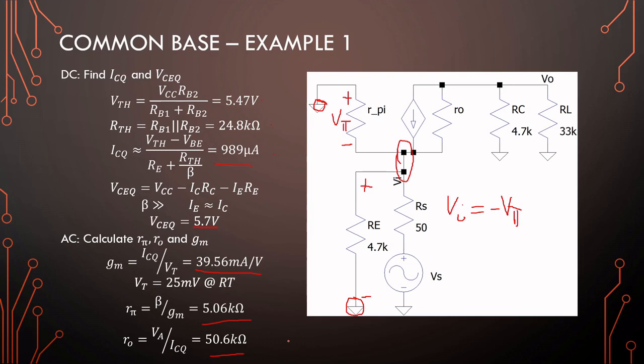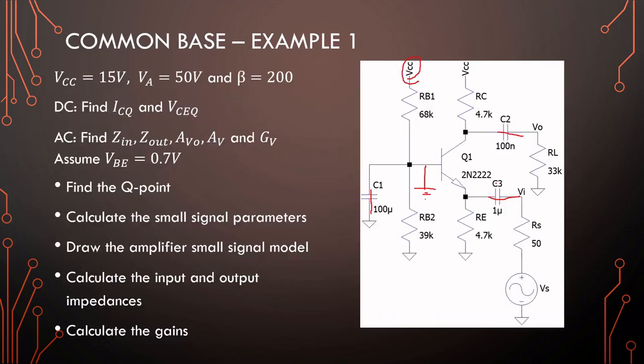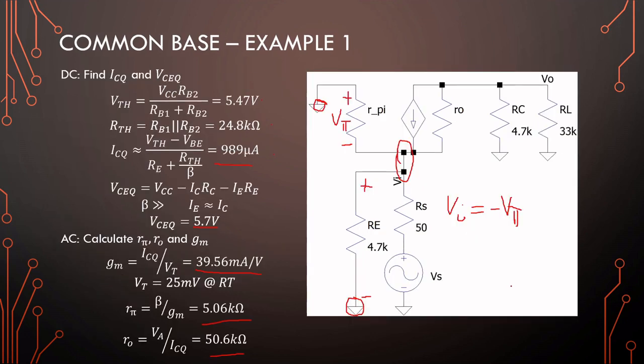We're using it as a common base, so we did amplifier identification. Input on the emitter, output on the collector, and the base is common between the two. So this is a common base by the definitions laid out earlier.